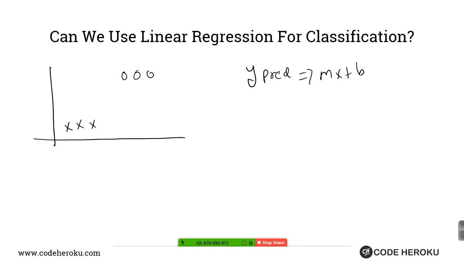So guys, my question is pretty simple. What is the range of y equals mx plus b? mx plus b is a line. And what is the range of a line?